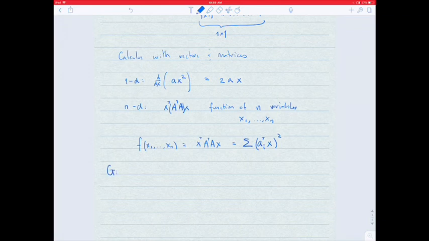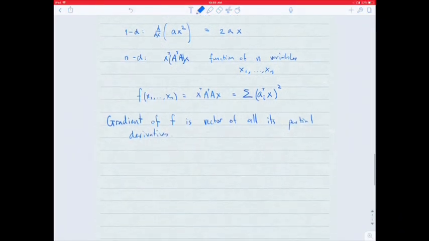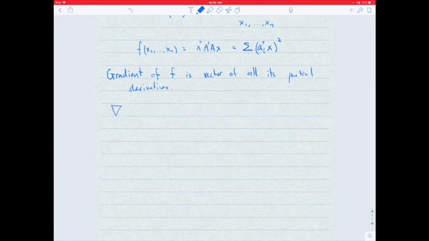So remember that the gradient of a function is a generalization of its derivative. It's the vector of all of its partial derivatives. And the notation for the gradient is this. This is the vector whose first entry is the partial derivative of f. We use this symbol instead of d because it's the derivative only with respect to one of its variables when you treat all of the other variables as constants.